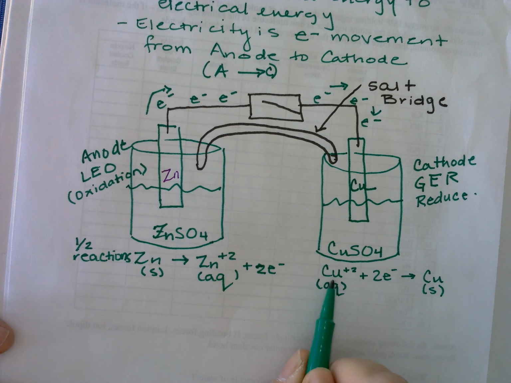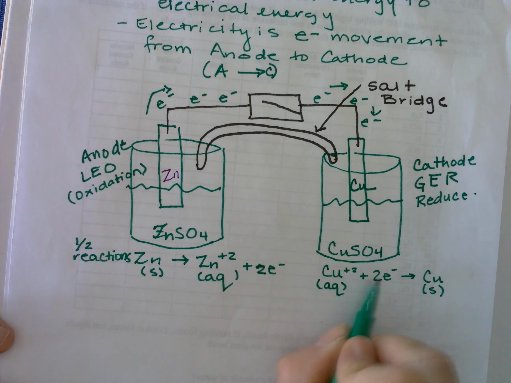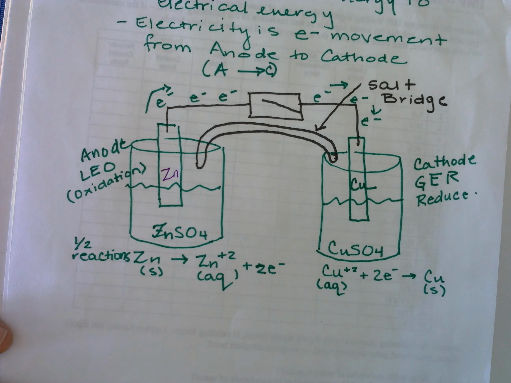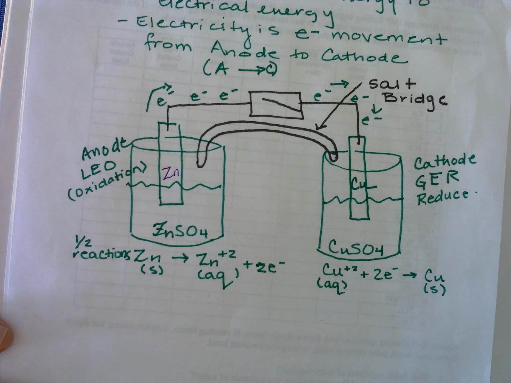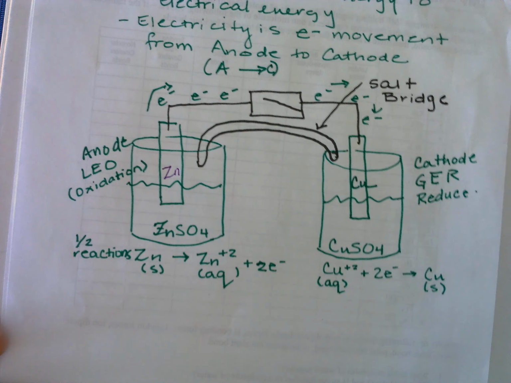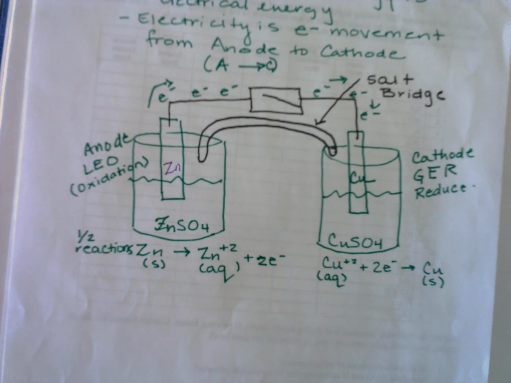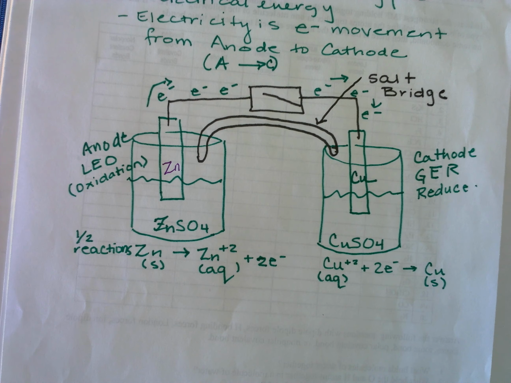Right? Gaining electrons. And we're going to hold off on the anions going through the salt bridge. So it is this transfer of electrons that causes the electricity to run.